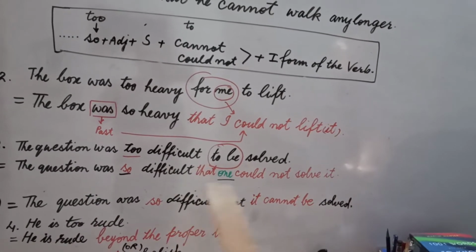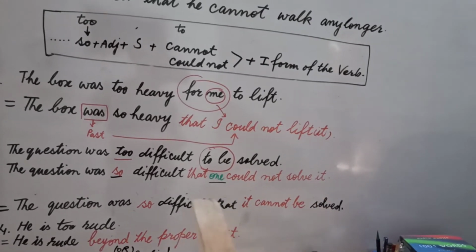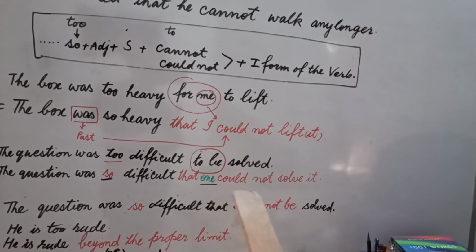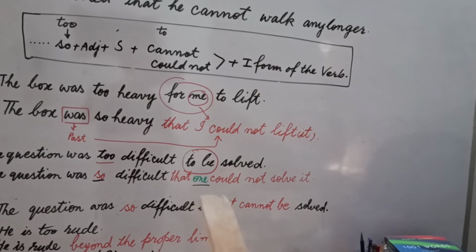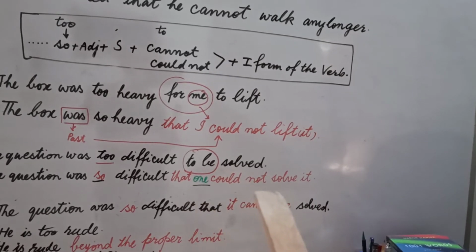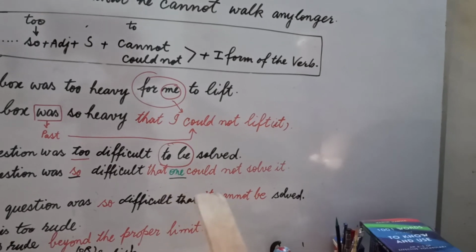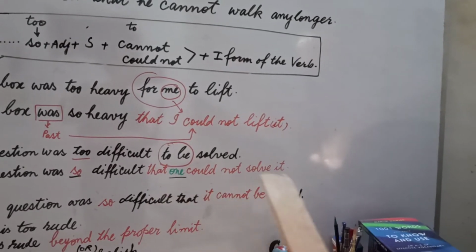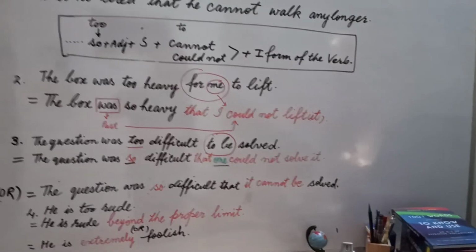For everybody means that one could not solve it. You can also replace "one" with "anybody". When you write "anybody", you change this, "that one could not solve it", into "that anybody could not solve it". It means one is equal to anybody.